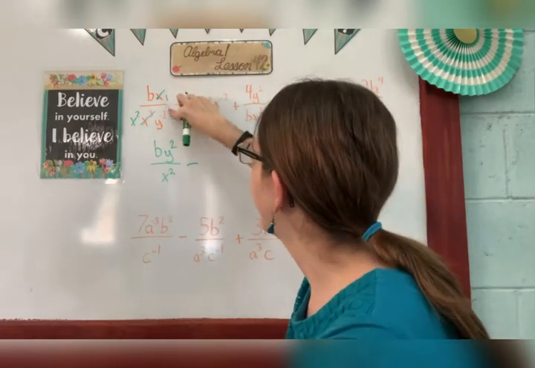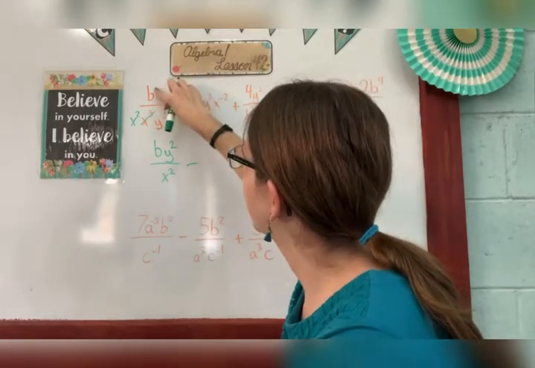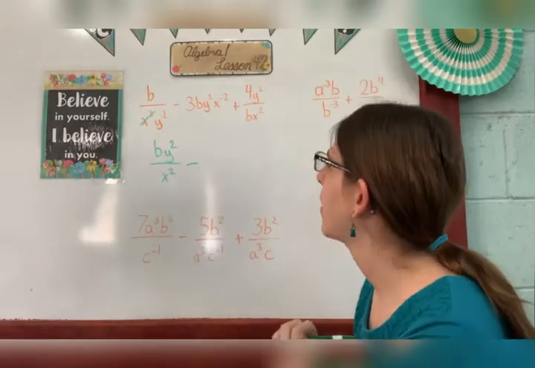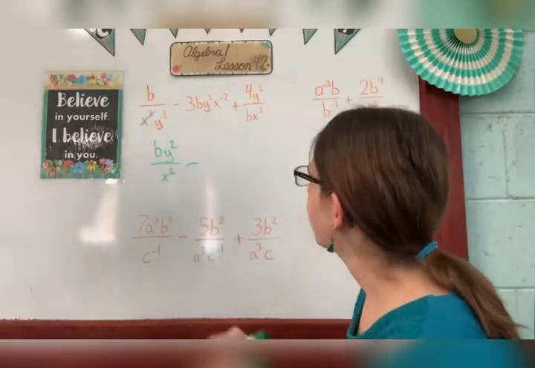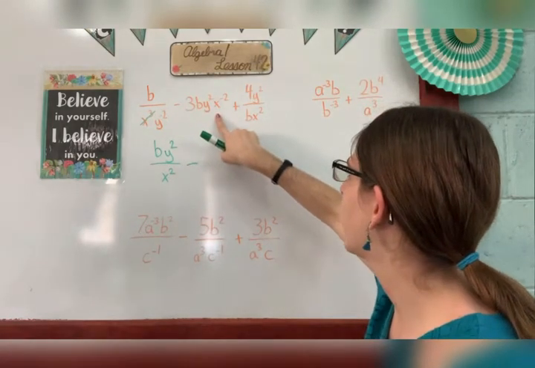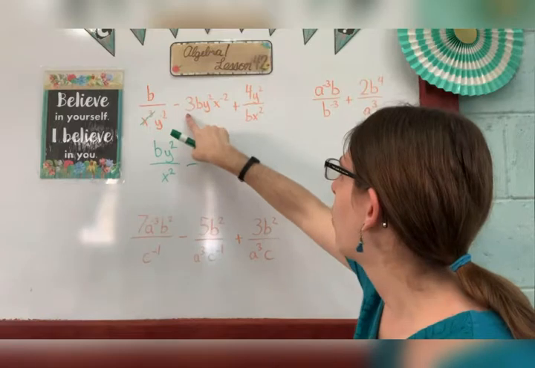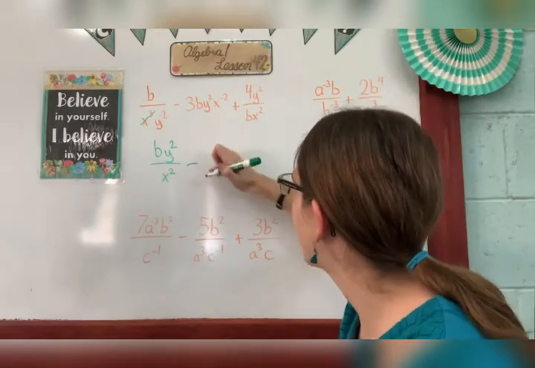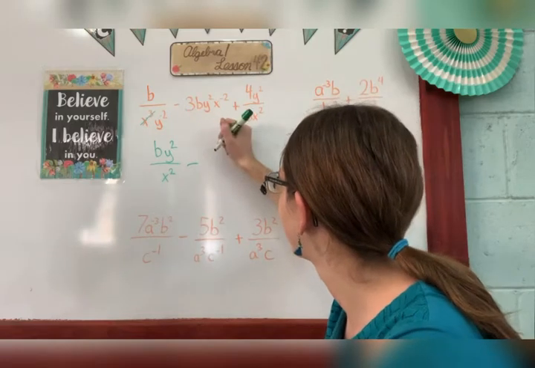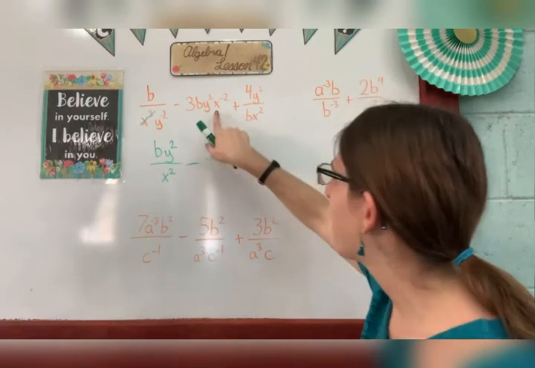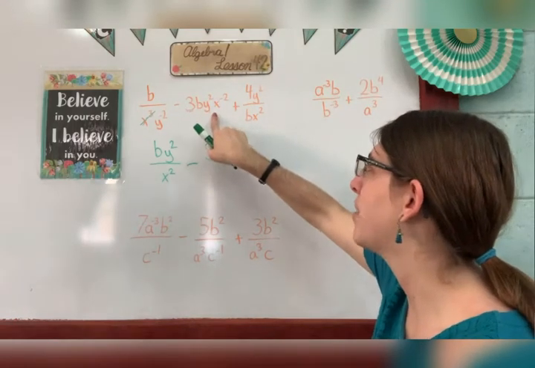I'm going to reset this a little bit because I'm going to be using this one again later on. So this is minus 3by^2 x^-2. This all would be in my numerator because it is positive and I want to keep it that way. But I don't want to keep this as negative. I want this to be positive.